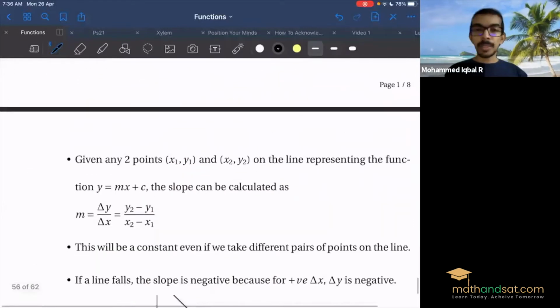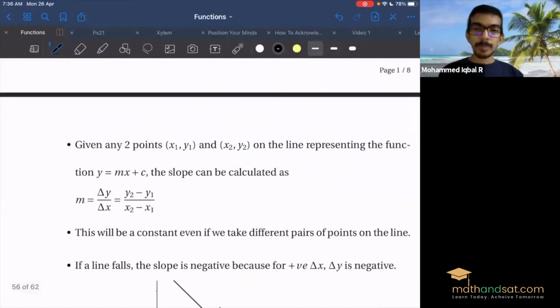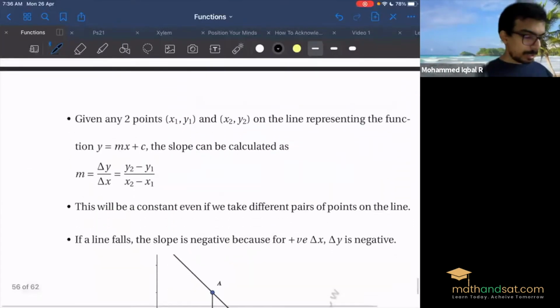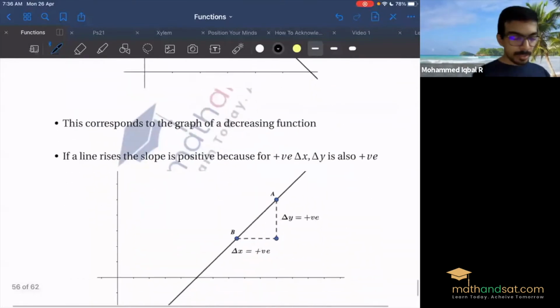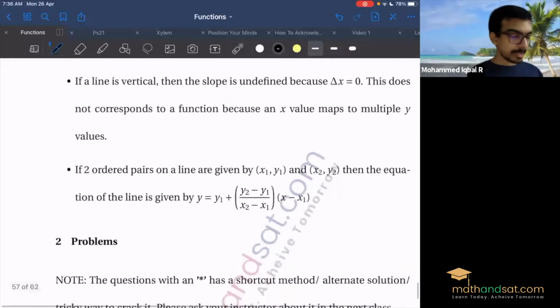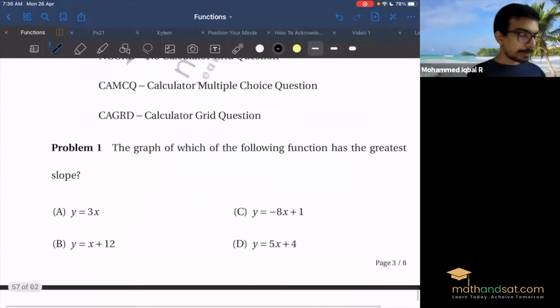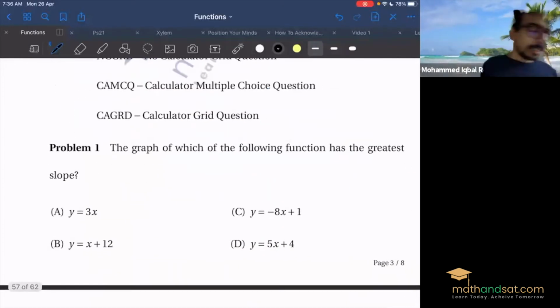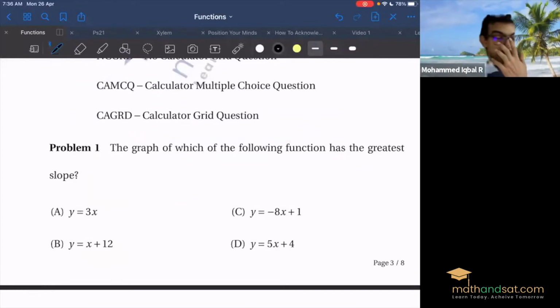I hope you people went through this problem sheet. There is also a summary of the concepts we have discussed in the previous class. That's question number 1.